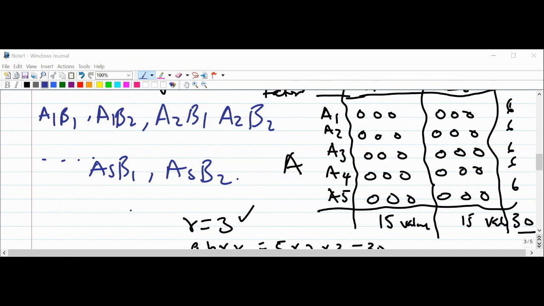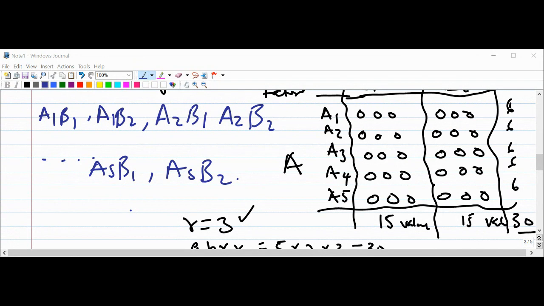Can you give me how many we are going to have at the end? 10. You know how you got the 10. So they're saying 10.